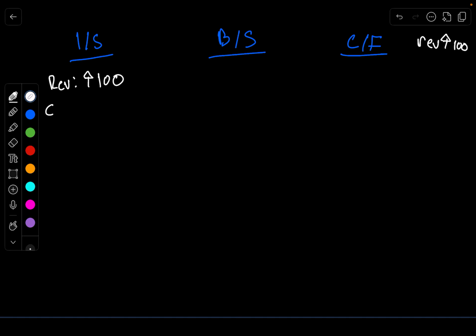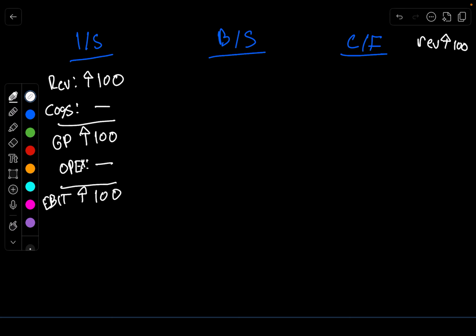That means our cost of goods sold is just flat, no changes there, meaning that our gross profit is also going to be increased by 100, right? Our operating expenses stayed flat, meaning that our EBIT is also up by 100.